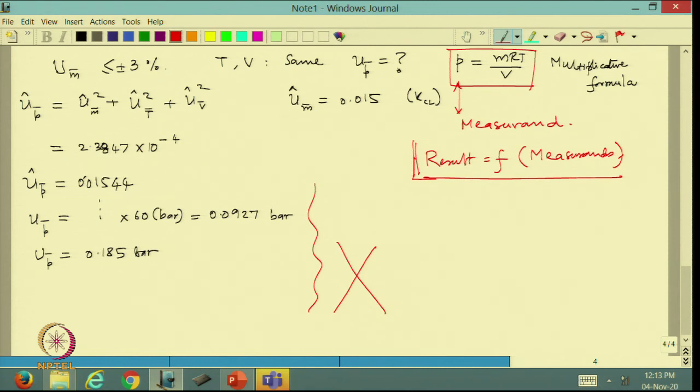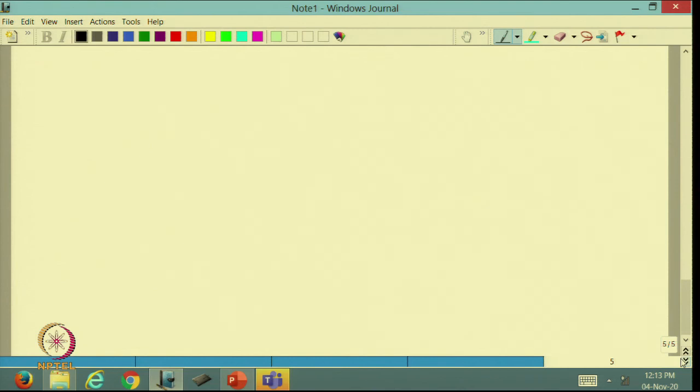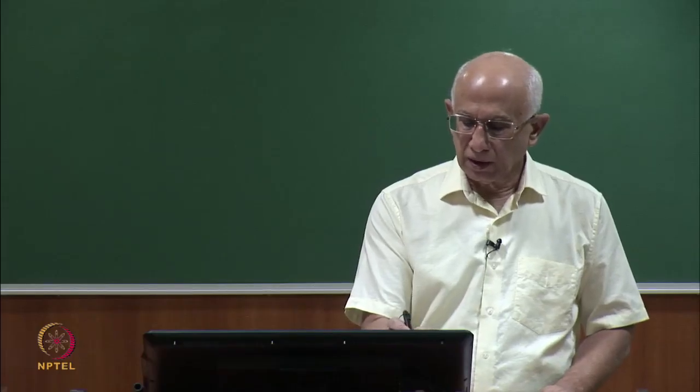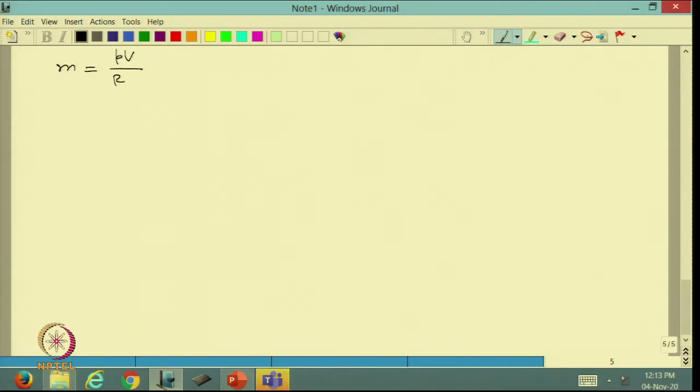So, then what is the correct way to do it? We go back to our result formula, that measurements are on the right side. So, m is equal to P V upon R T, and we get the same relation as earlier, that u hat m bar square is equal to u hat P bar square plus u hat V bar square plus u hat T bar square.